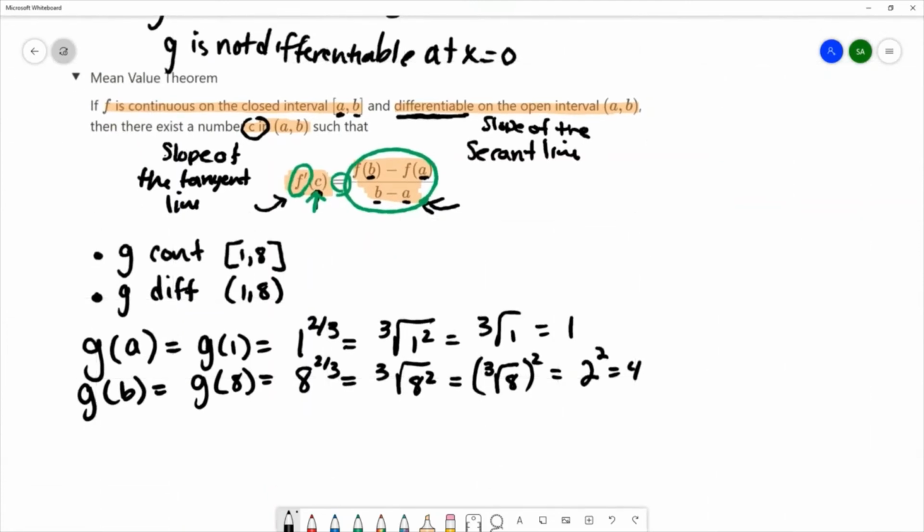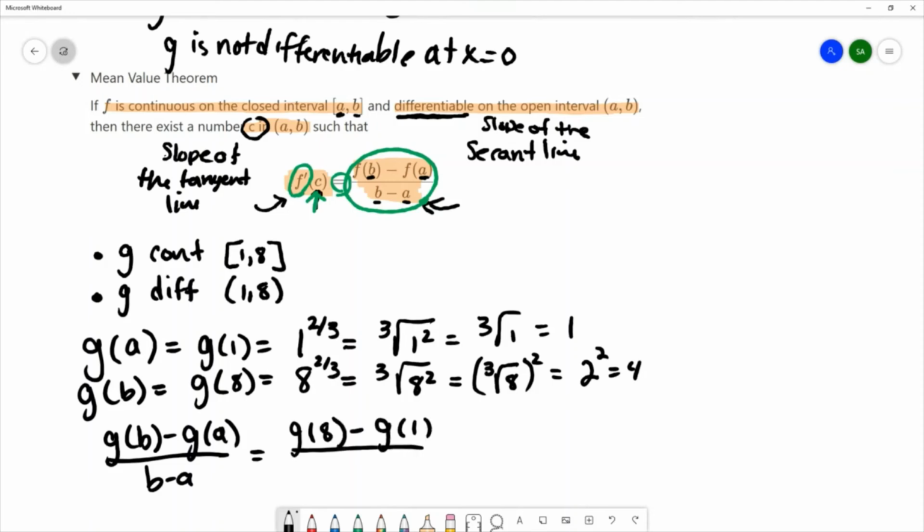So then we'll calculate g of b minus g of a over b minus a. That's g of 8 minus g of 1 over 8 minus 1. G of 8 was 4. G of 1 is 1. 8 minus 1 is 7, so we've got 3/7 here. And we'll calculate the derivative.